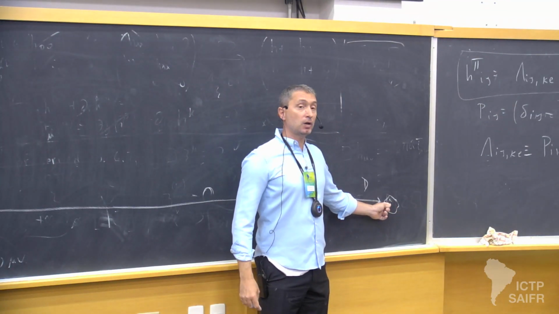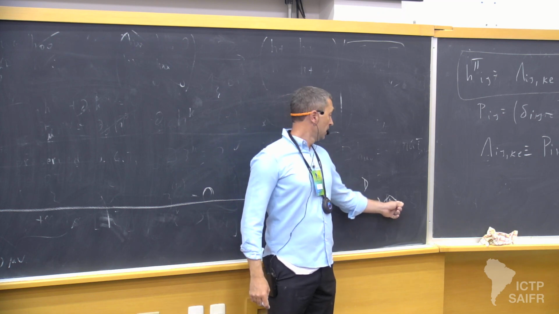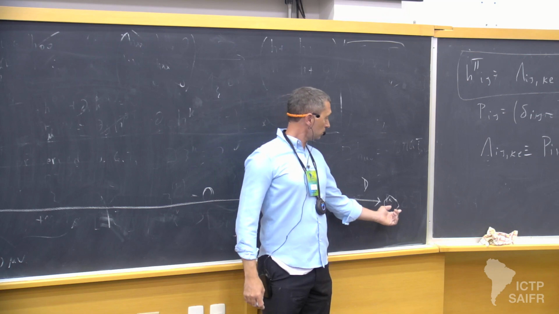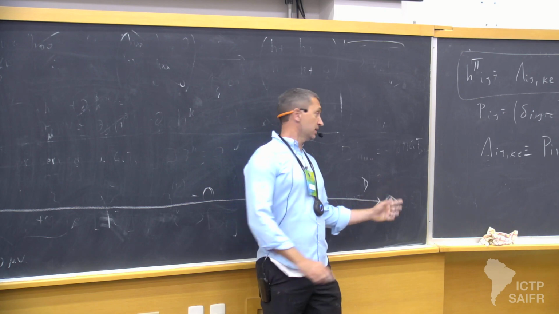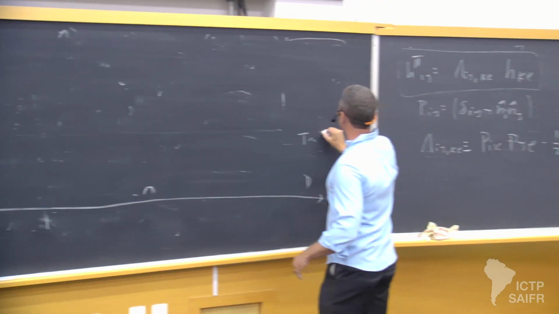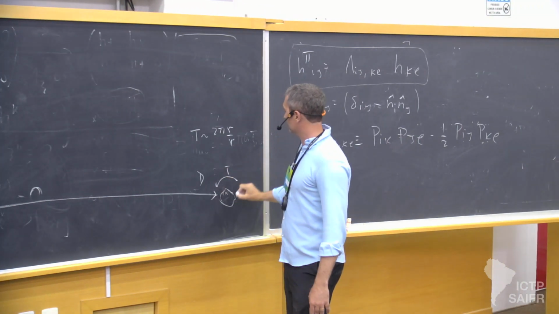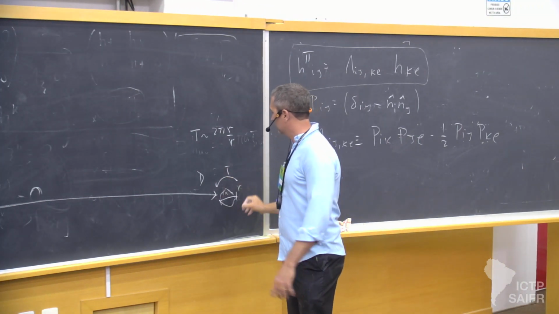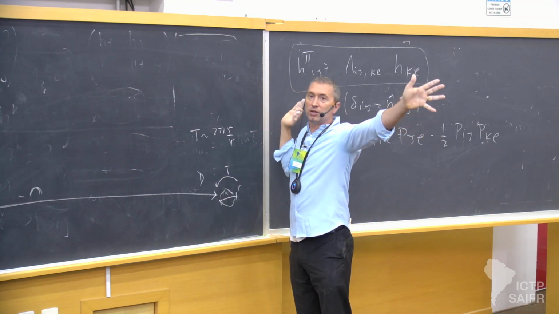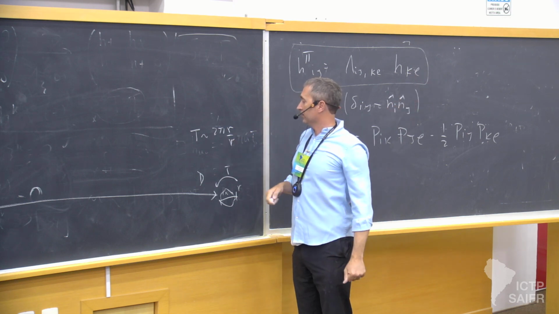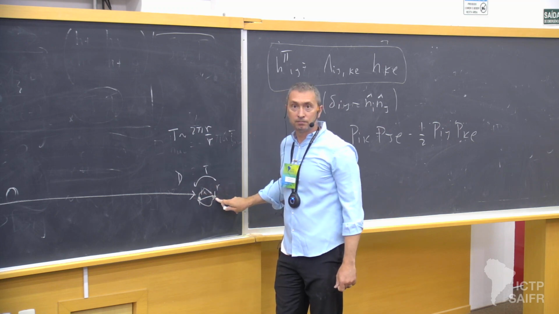This point of the source we see at a slightly later time than this point of the source, which is farther away. The time variation of the source is not too different from the size of the source. The period is basically 2πr over v, where T is related to the time variation of the source, and r, the small r, is related to the size of the source. They are different, but not too different. There's not 10 or 20 orders of magnitude difference. It's just a 1 over v difference. So I have to take into account that this point is seen at a slightly different time than that.